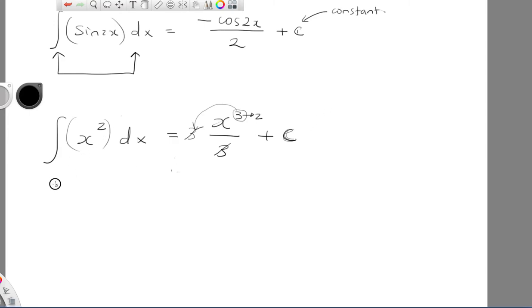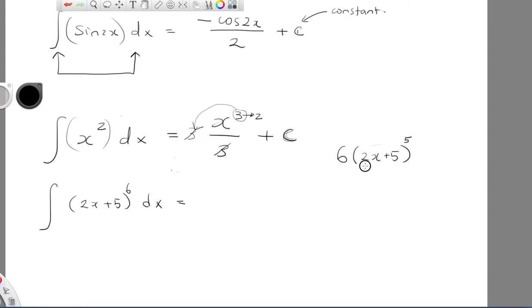Now, what about this one? Integration of 2x plus 5 to the power of 6 dx. So let's suppose you're differentiating it. If you differentiate it, 6 comes out to the front with the 2x plus 5 to the power of 5. And then there's something else.